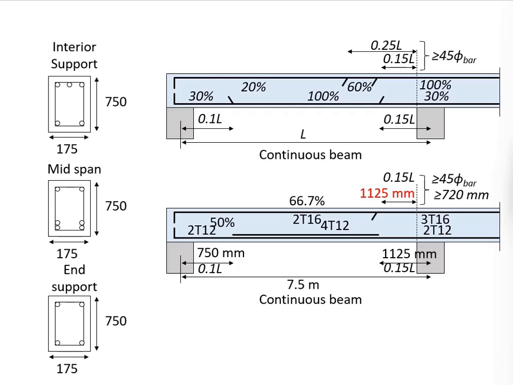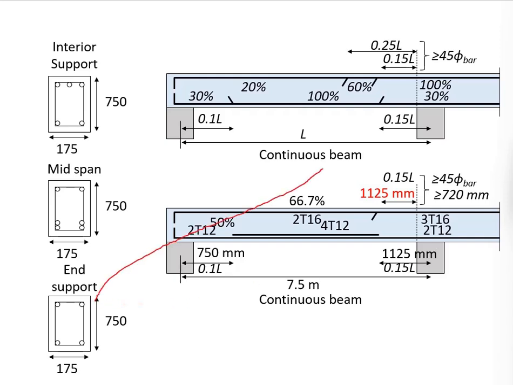If you're not concerned with the amount of materials being wasted, actually it is okay for you to have this 4T12 continuous towards the end of the support. Just that you might need to consider one additional factor: normally you don't like a lot of reinforcement bar near the support, which will be the joint between the beams and the column.